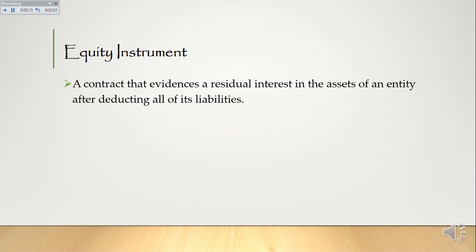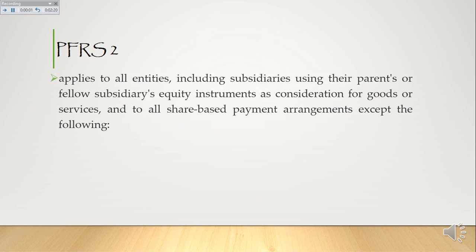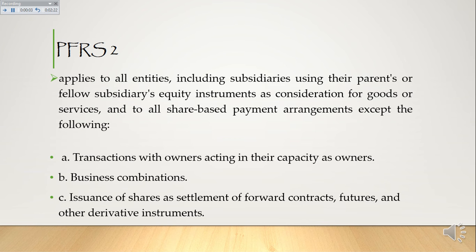Under PFRS 2, the share-based payment transaction may apply to all entities, including subsidiaries, using their parents' or fellow subsidiaries' equity instruments as consideration for goods or services, except the following. First, transactions with owners acting in their capacity as owners, business combinations, and issuance of shares as settlement of forward contracts, futures, and other derivative instruments.